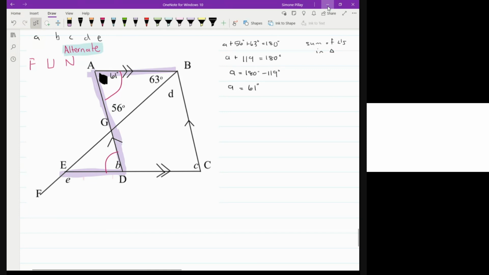Isn't it B equals 61? That's super correct. Not so bad, Liajo. And what's my reason? Alternate angles. There you go. And what else am I missing? When I use alternate angles, what else do I need?